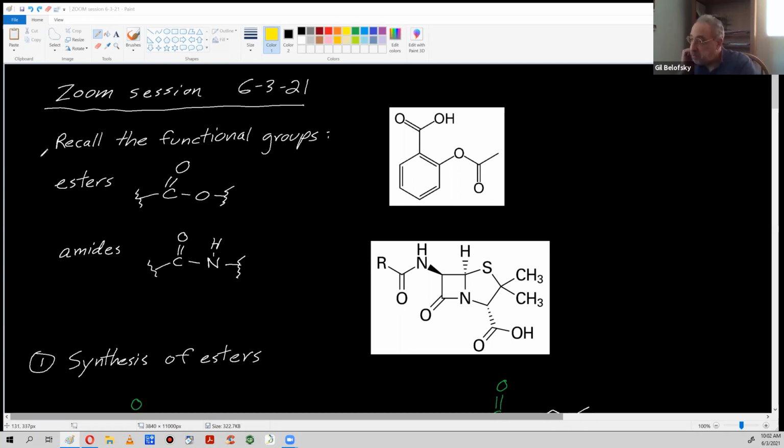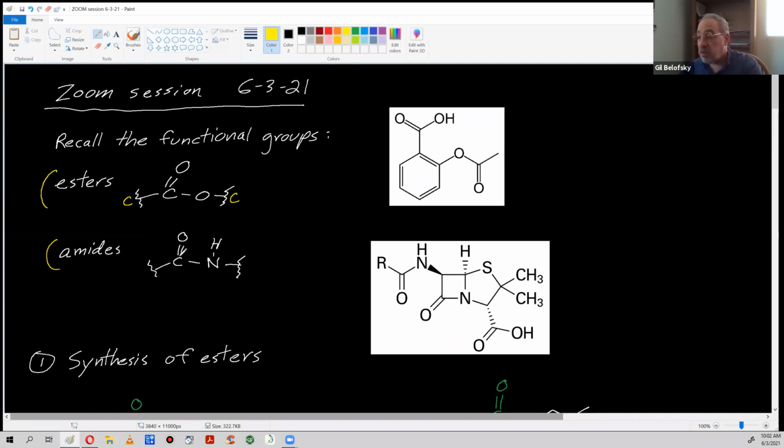The quiz is on this topic, so there's only one section of the reading: chapter 17. So if you recall, the functional groups called esters and amides look like this. An ester has a carbonyl group, but it's also got an oxygen on one side, and the implication is that there are carbons on both sides of the ester to make it, in fact, an ester.